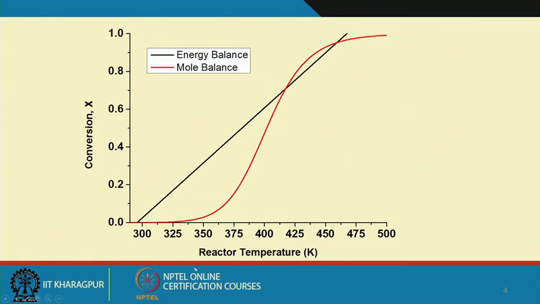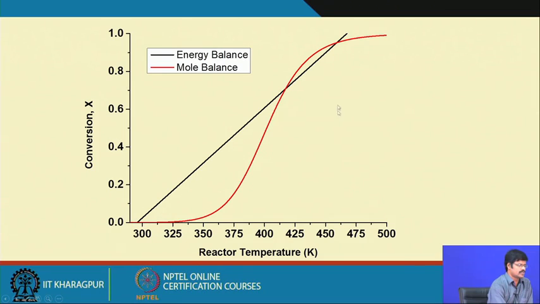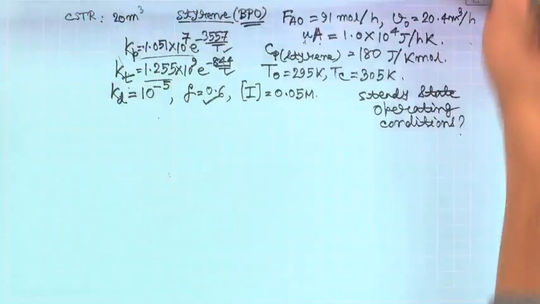That is what we are plotting against the reactor temperature, and the red curve is again conversion as a function of temperature, but we are using the mole balance equation, that is why it is non-linear. The exponential term is there, and you had 3 intersections there, which gave you 3 solutions. Each intersection corresponds to a particular reactor temperature and a particular conversion. If you are working at that particular steady state point, you are fixing the reactor temperature and you are getting a specific conversion, and as you know, under steady state working conditions the conversion of the CSTR does not change, it remains the same. So, this is what we had solved before.